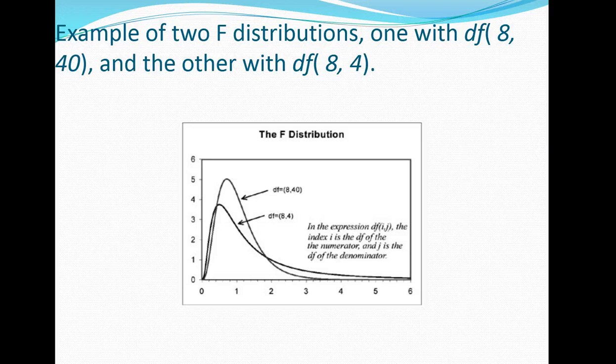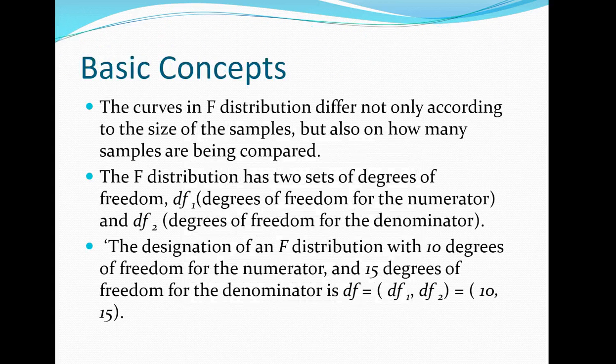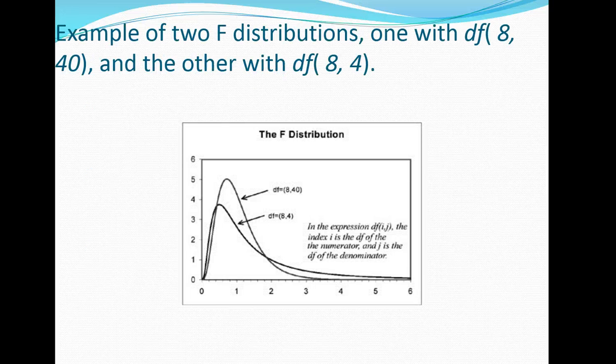Again, remember that the first one is the degrees of freedom for the numerator, and then the second is the degrees of freedom for the denominator. So here, the notation is that in the expression of degrees of freedom, i and j, the index i is the degrees of freedom of the numerator, and the j is the degrees of freedom for the denominator.